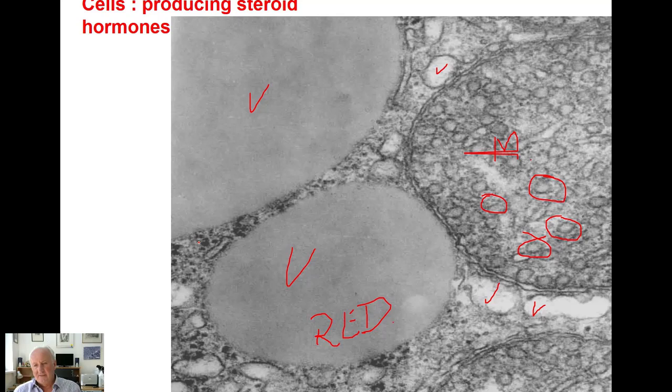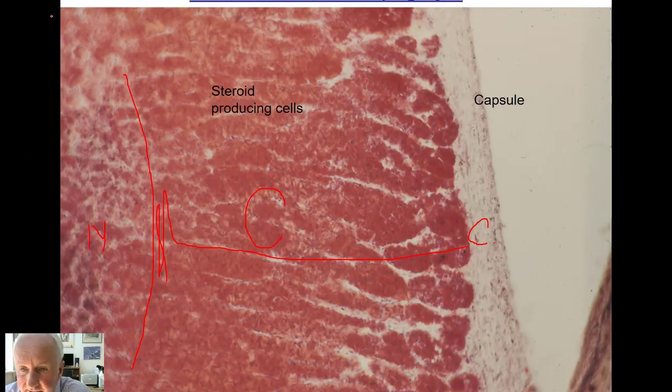So these are the basic characteristics of the cells producing steroid hormones: mineralocorticoids, glucocorticoids, and androgens. Generally they have small lipid droplets in the cytoplasm, small lipid droplets with cholesterol, because you need cholesterol for the production of steroid hormones.